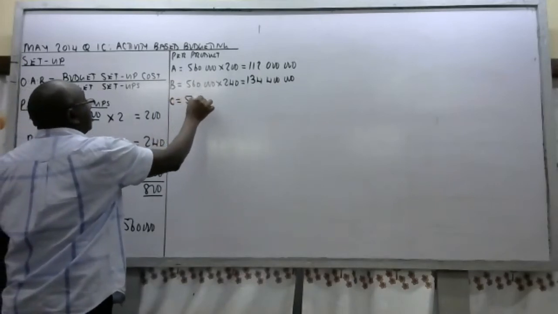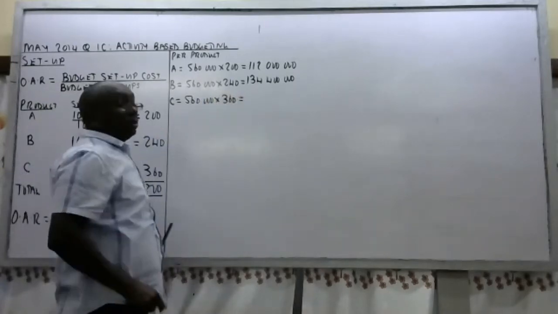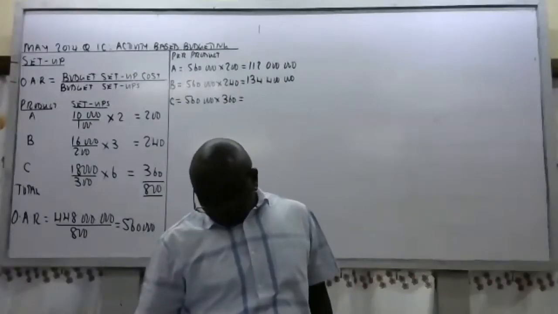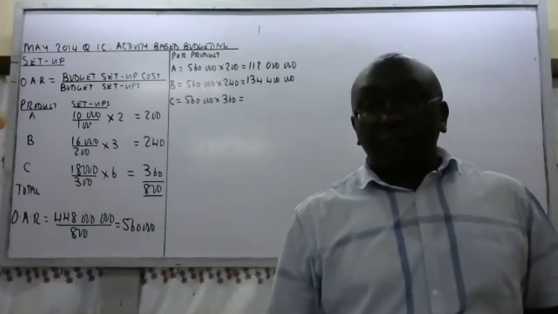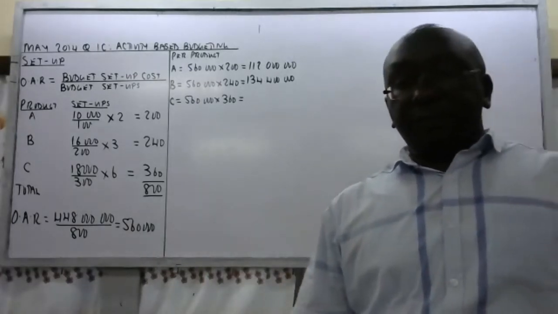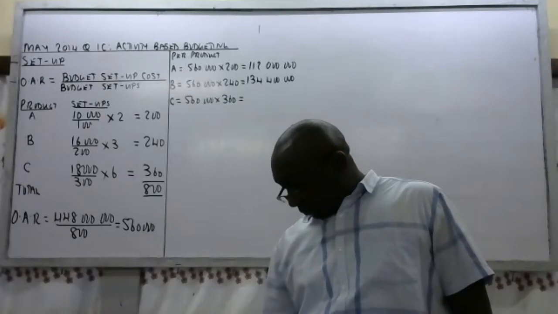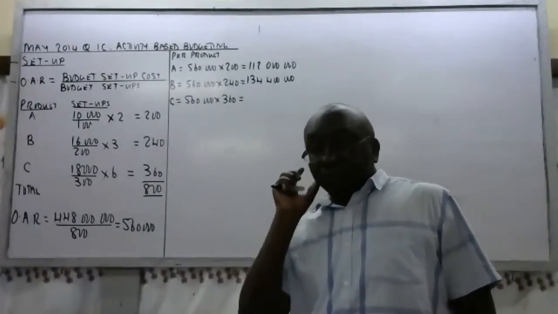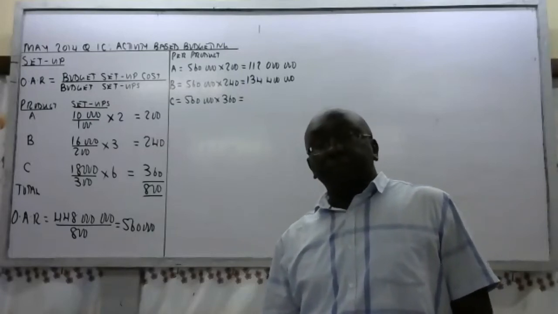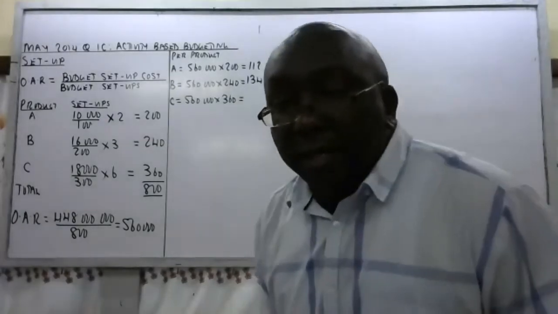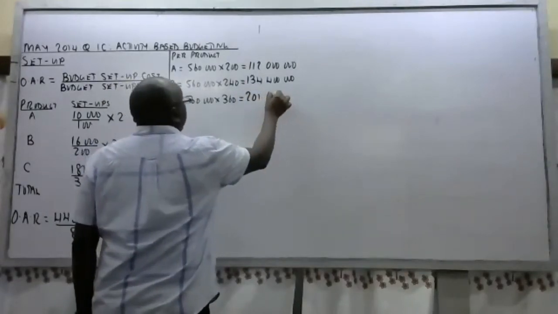C will be the same case, times 360. That is $201,600,000.